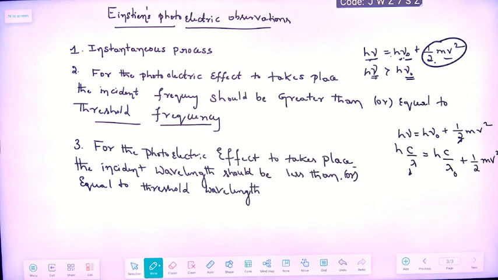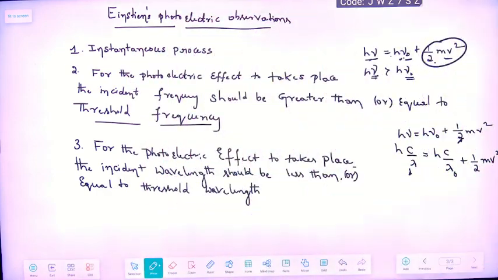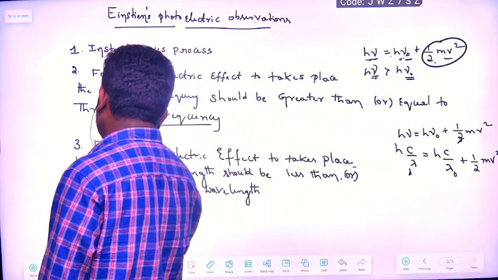Now one more point I can add about potential. What is the stopping potential?